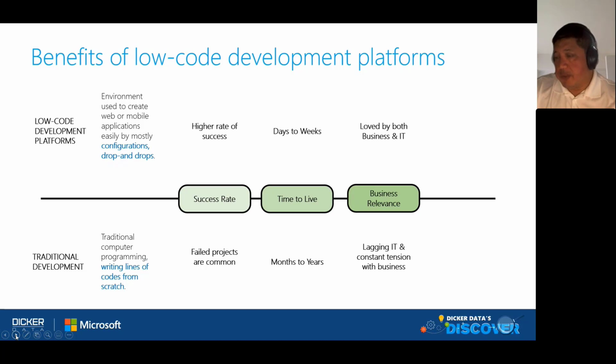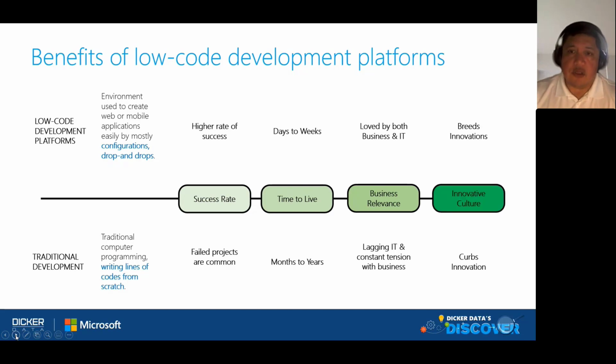It's generally loved by both the business and IT because both areas of the business have input and can get involved in the development of the actual applications and those automated workflows. Whereas with traditional development, it tends to lag with IT, and there's constant tension with the business decision makers because of that lag.